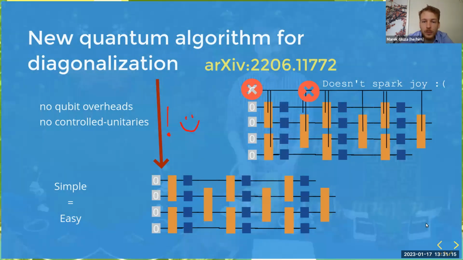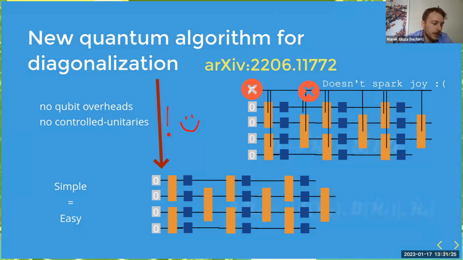There is one particular characteristic of the quantum algorithm that I would like to point out, namely that the existing algorithms strongly rely on controlled unitary evolutions.